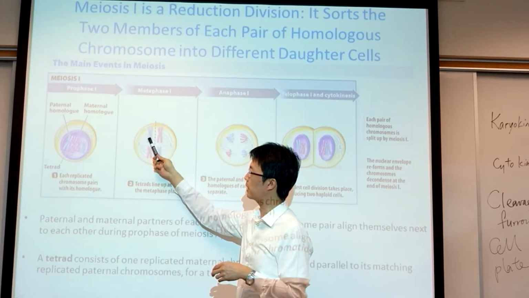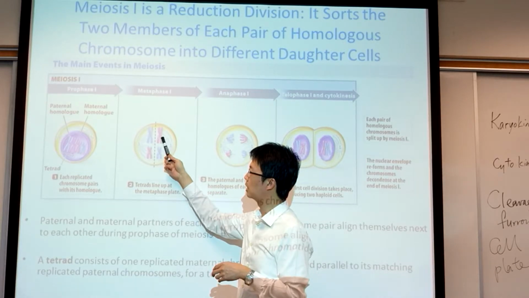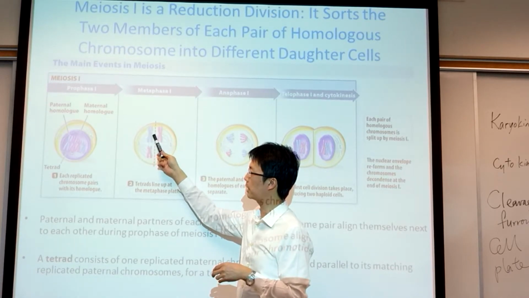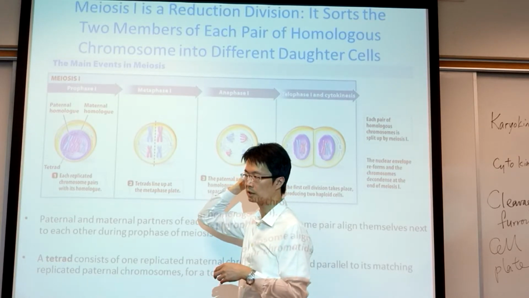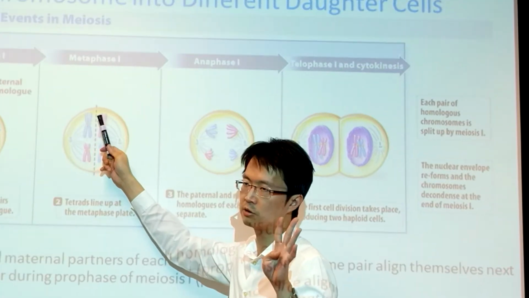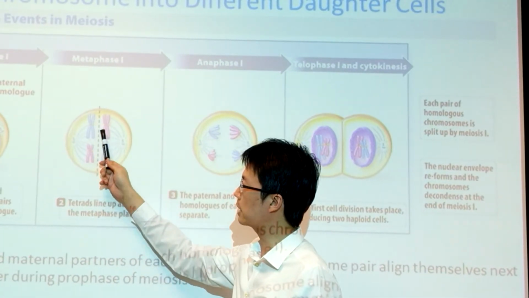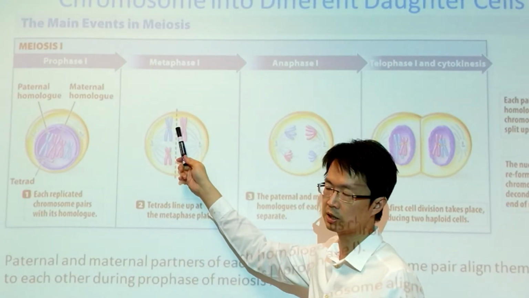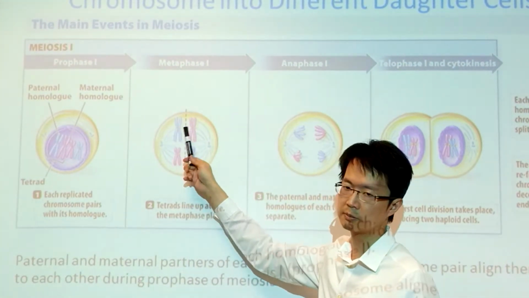One is paternal homolog, one is maternal homolog, but each homolog replicates, so that you have 1, 2, 3, 4 chromatids. That's why you call it tetrad. You have 4 sister chromatids. And what we are separating is not sister chromatids. We are separating the homologous pair. We are separating mother and father.